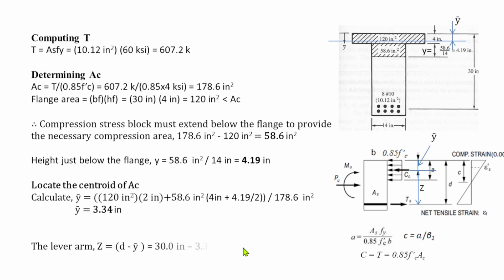The next step is to determine the lever arm Z, which is this one here, measured from the centroid of the steel to the location of the centroid of the compression area of the concrete.